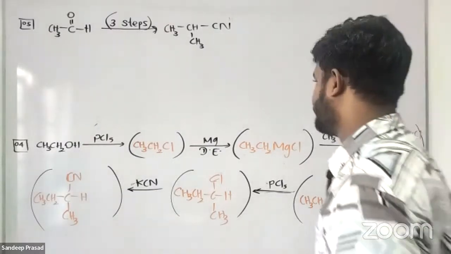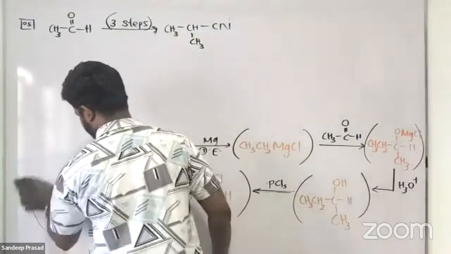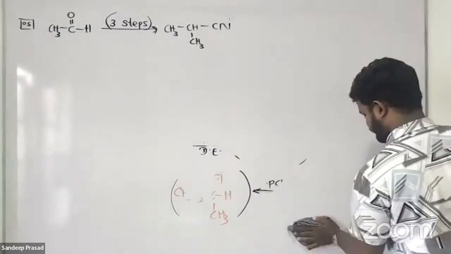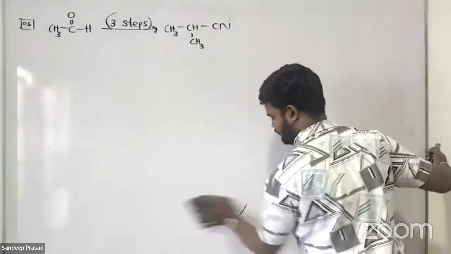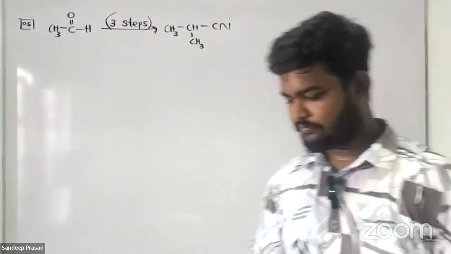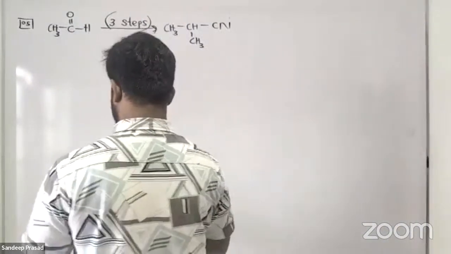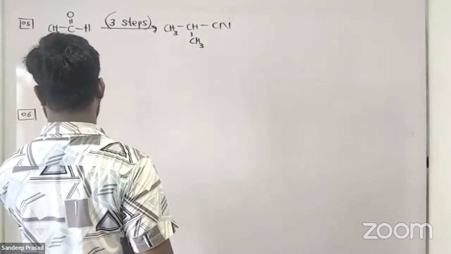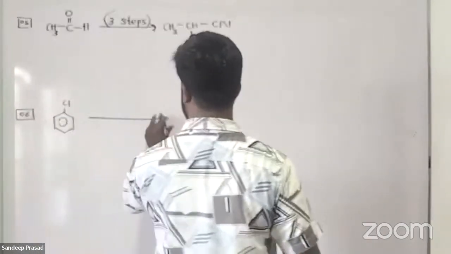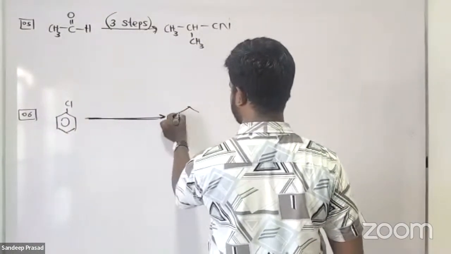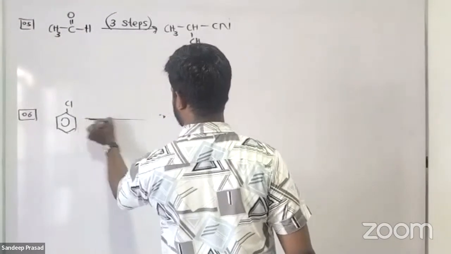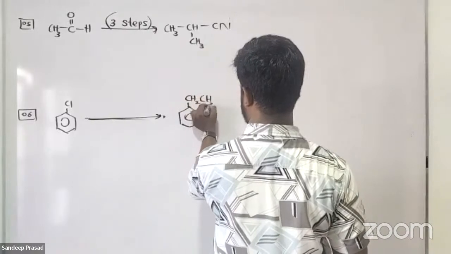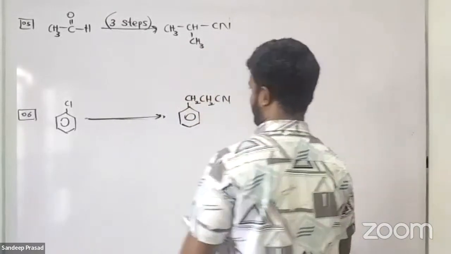I'll put the next one also, number 6. This one we are starting from chlorobenzene and we have to form this kind of a cyanide group.